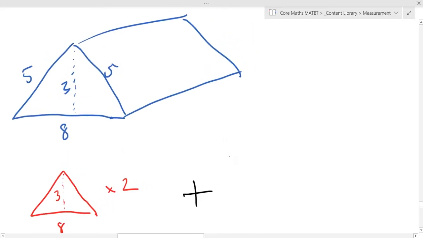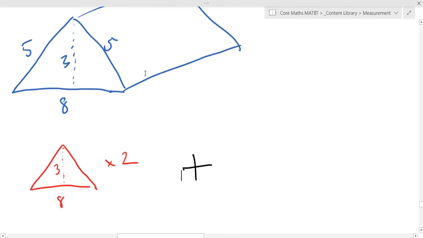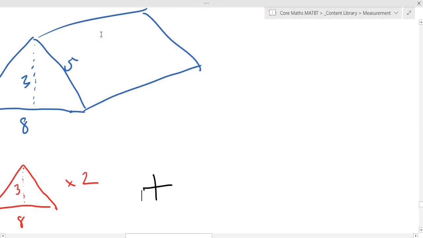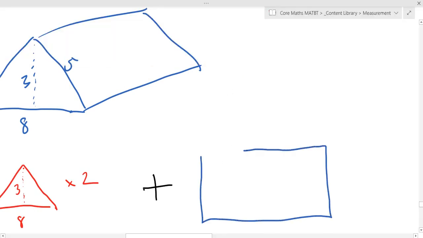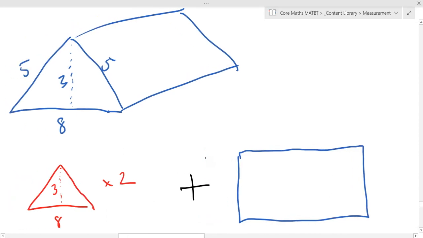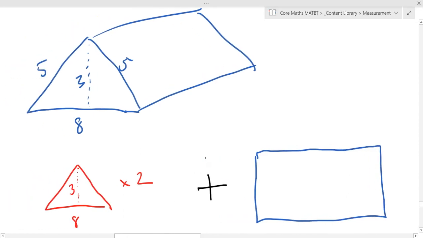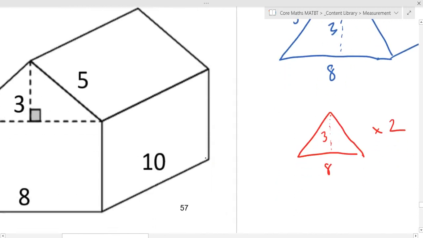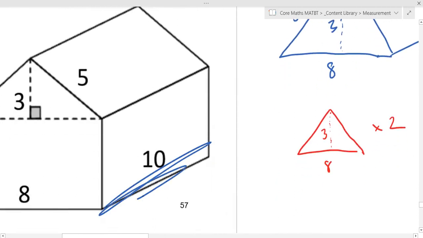Second part. You've got now the other sides of the actual tent itself. So you've got 2 of those rectangular sides. We'll do that in blue. I haven't fully finished labeling this triangle. I forgot this side here. This side here is 10, so that must also be 10. So let's just put that here as well.